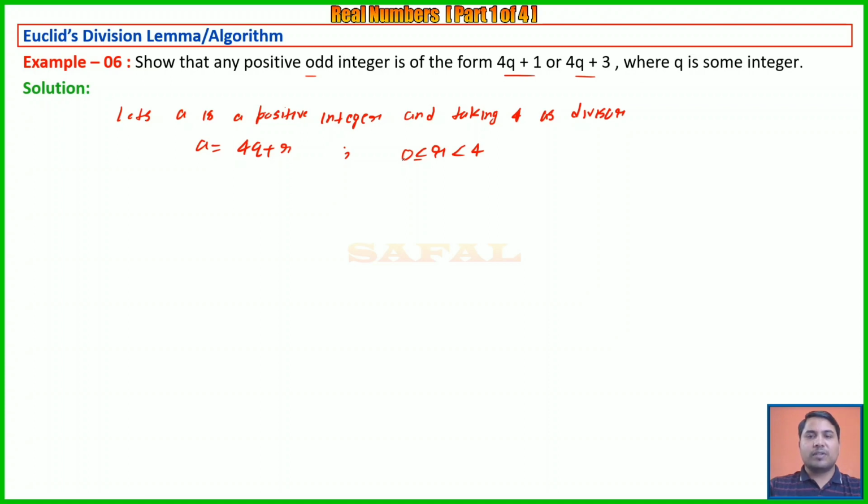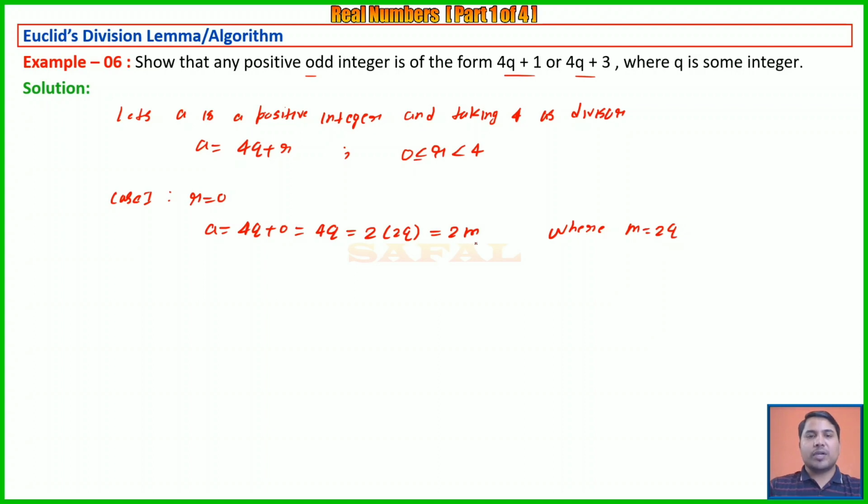So let's look at each case. Case 1, when r is 0. When r is 0, a will be 4q plus 0. Now 4q plus 0 is basically 4q, and this I can write as 2 times 2q, or 2 times m, where m equals 2q.